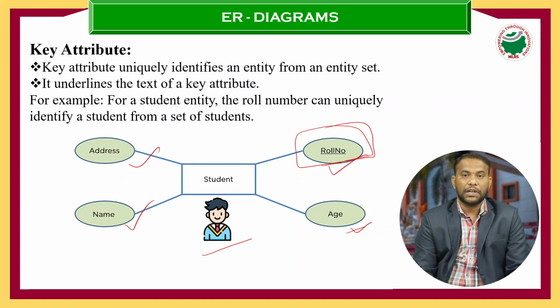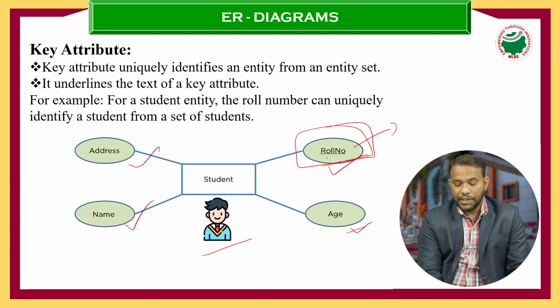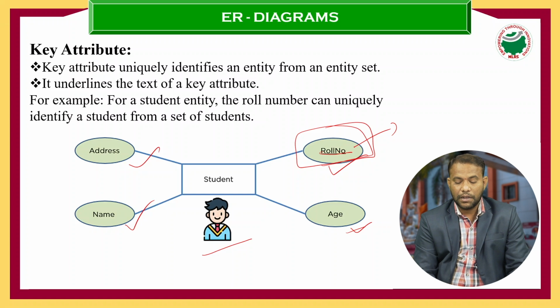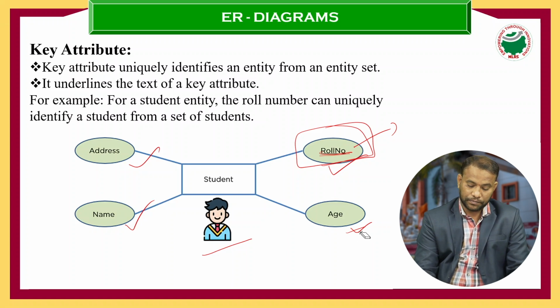So every student will have roll number 1 only once. Here roll number is a key attribute for this student entity. These key attributes are represented by an underline. See here, among address, name, age, roll number is underlined, which means it is a key attribute. Key attribute is used to find out the unique values from a given entity set.